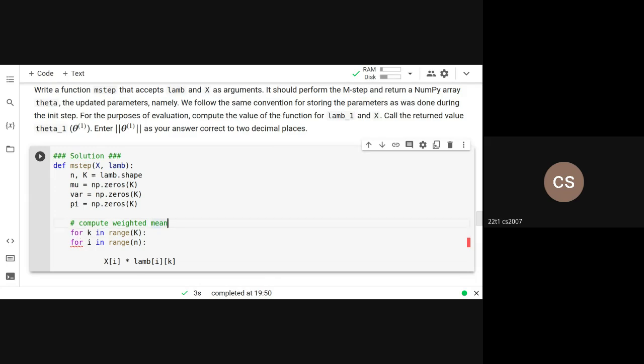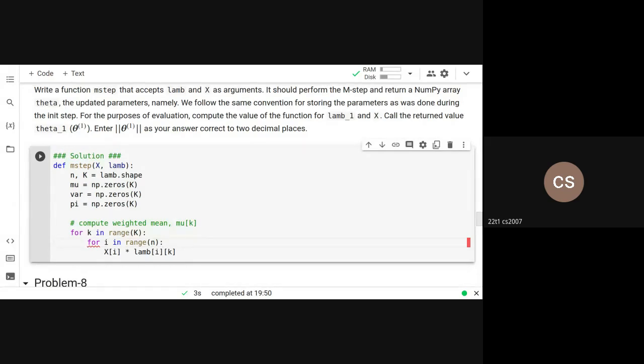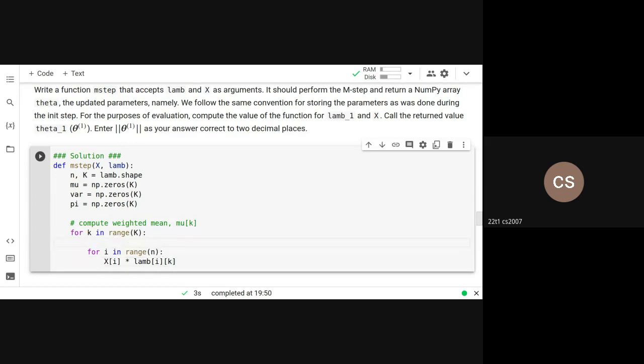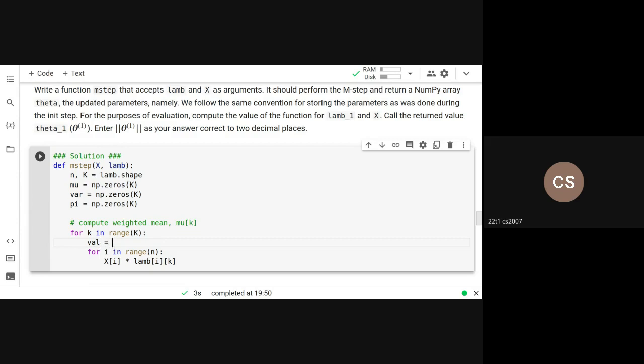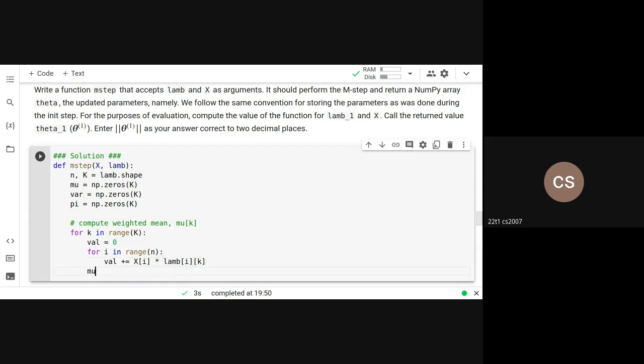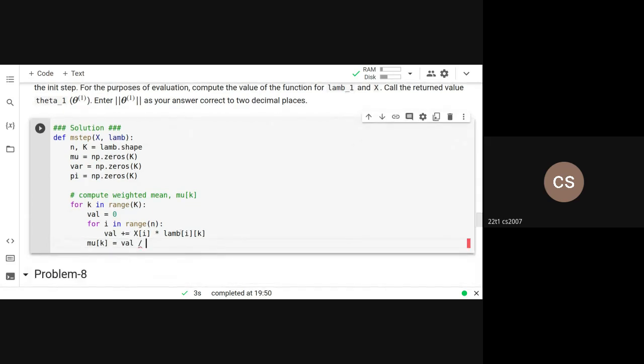For mu of k, I go through each data point and multiply the data point with its weight. Now add these values. I start with some zero value and add these values. And finally, my mu of k will be this value divided by, what should I divide it by?